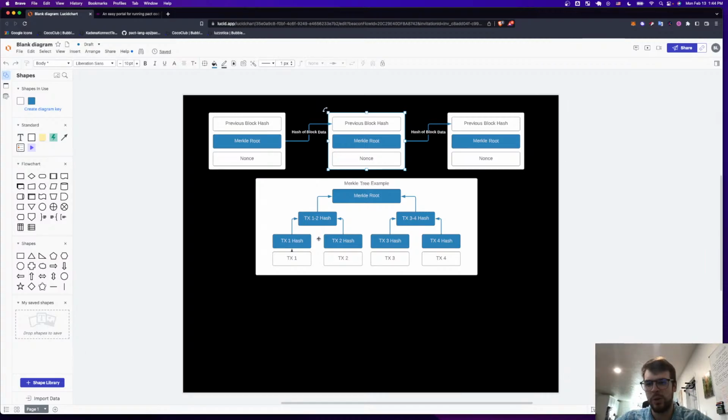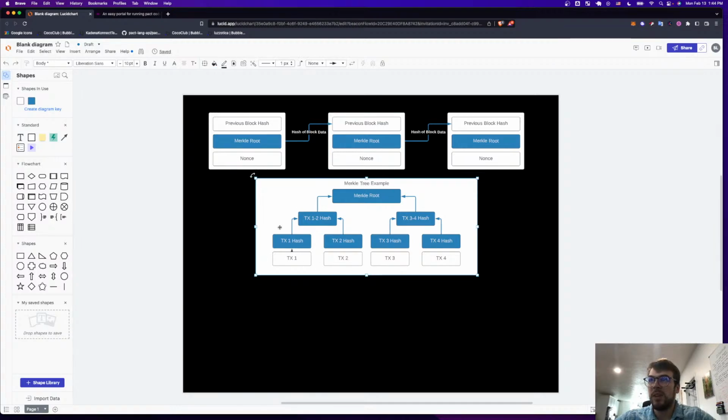I'm not going to dive into unspent transaction output. It's called UTXO, but basically to determine how much Bitcoin you own, you have to sum up all of the transactions that sent you funds. And so you have the unspent output of each transaction.